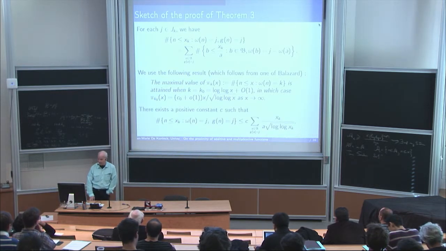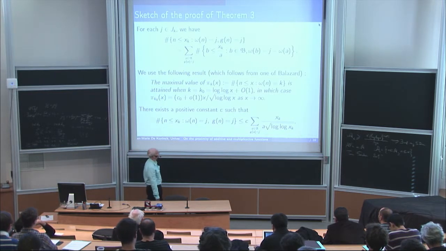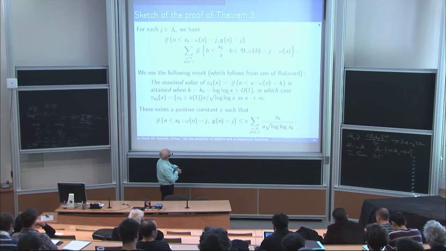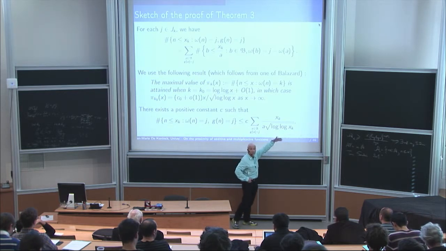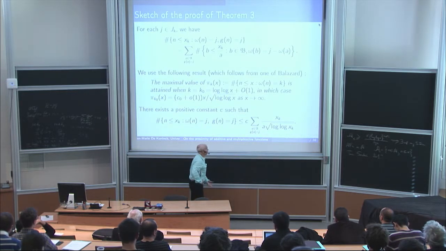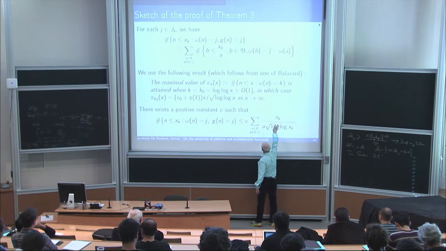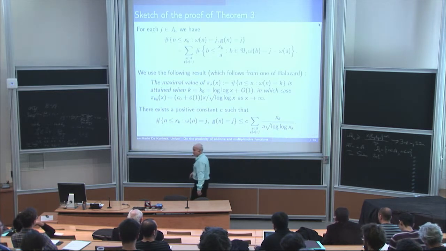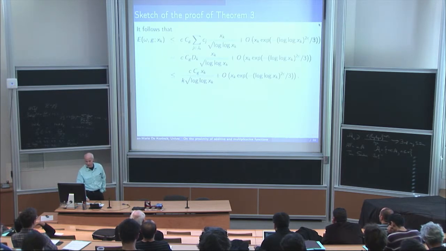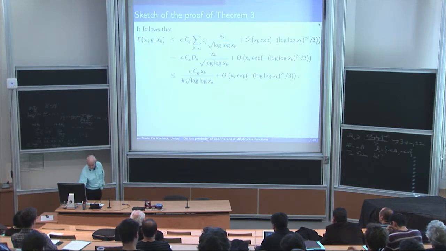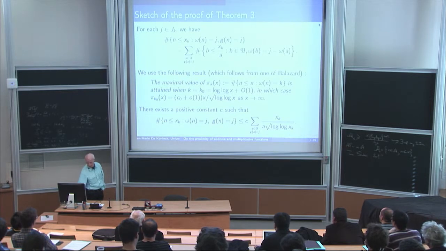And then if you use that, you get that the expression up there is smaller or equal to some constant c, xk over a, then the square root of log xk over a, but that you can get rid of, you can forget about the a, it's not too hard. And then you get this. So obviously you're going to take this expression out of the sum, and you're stuck with the sum of 1 over a, which is easy to estimate, because remember it's those a's that have g of a equal to j.